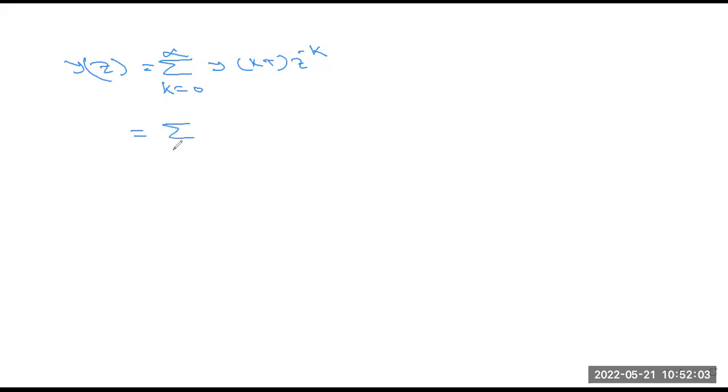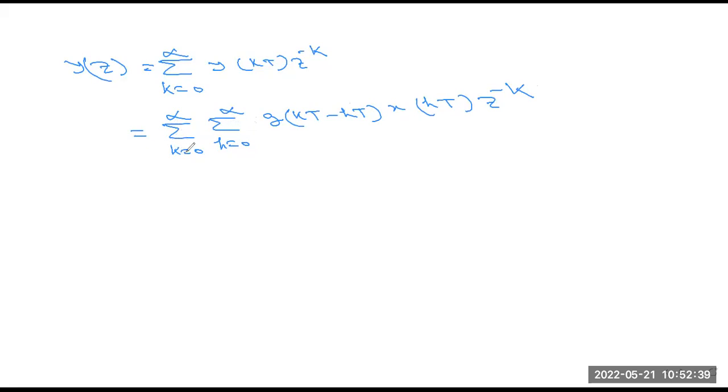The first summation is k from 0 to infinity, with an inner summation of h from 0 to infinity of g(kT - hT) x(hT) z to the power minus k. So here two summations apply.